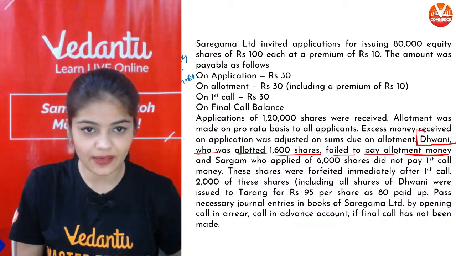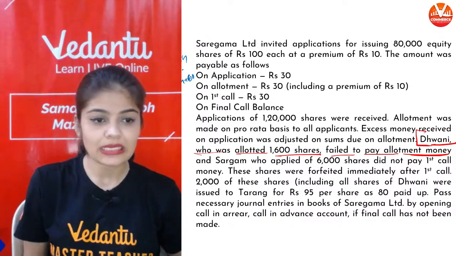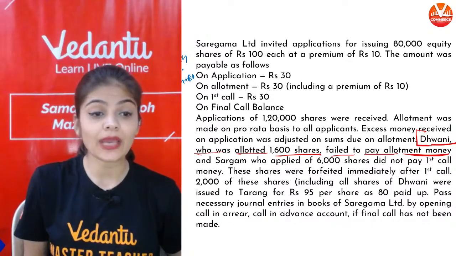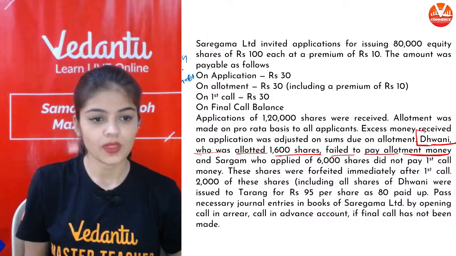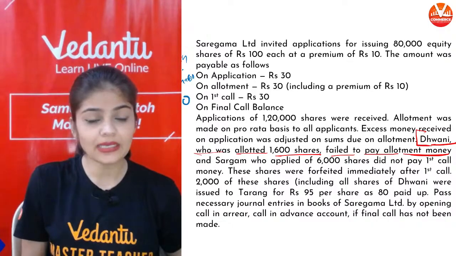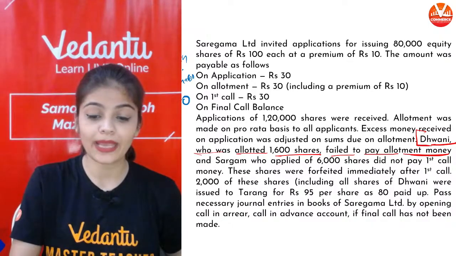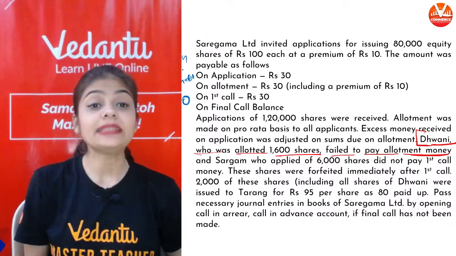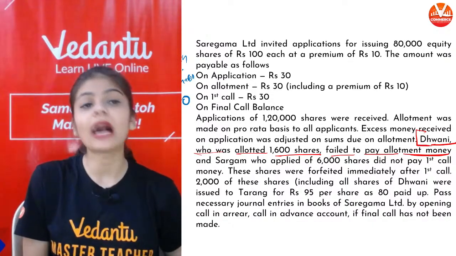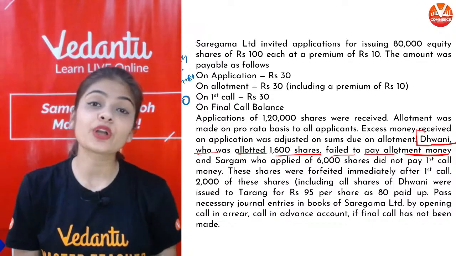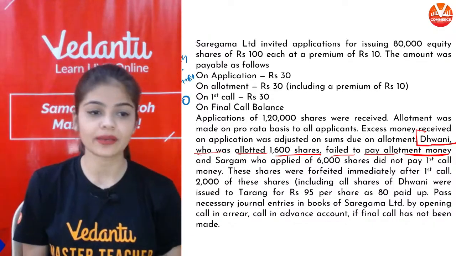The given number of shares is 1600. So multiply with 1600, and the applied number of shares will be 2400. The applied number of shares is 2400.